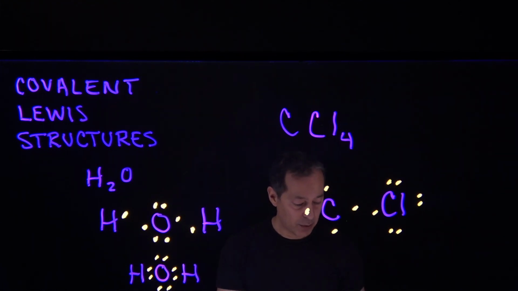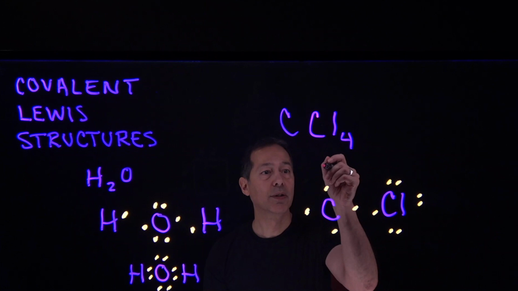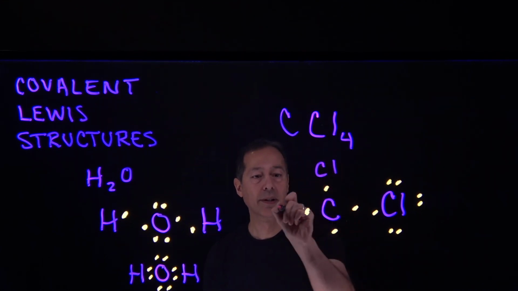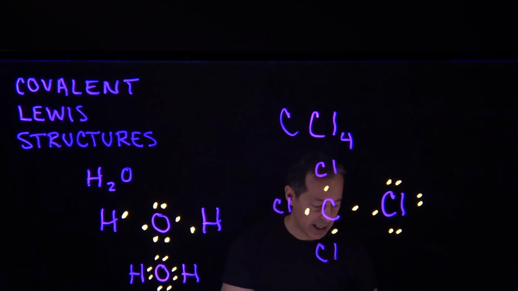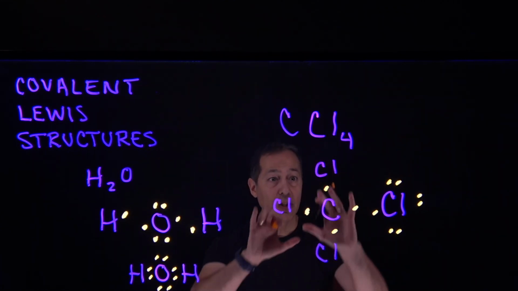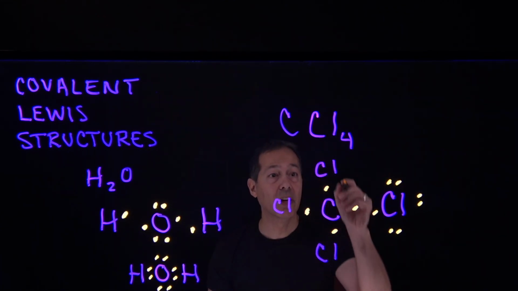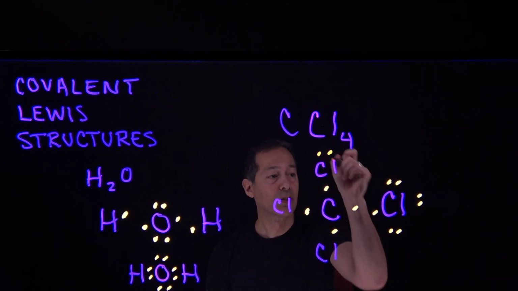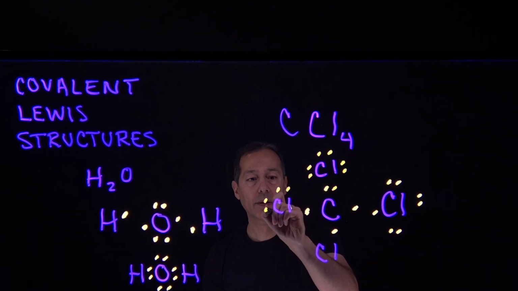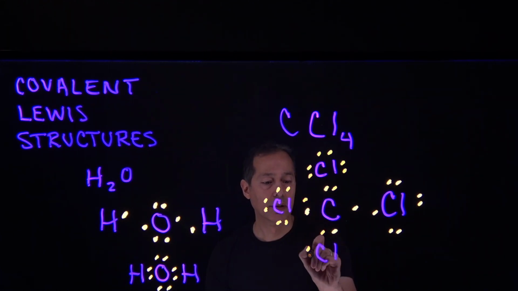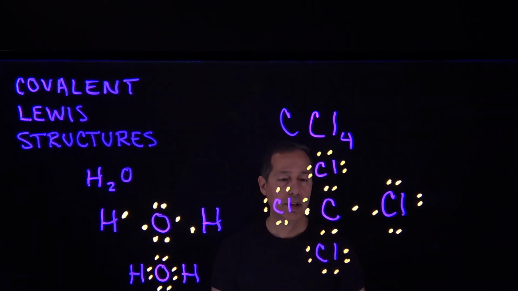So if I were to add some more chlorines to this carbon, like this, and add those valence electrons. Each one of these chlorines is going to have 7 valence electrons, just like this one here. Like that.